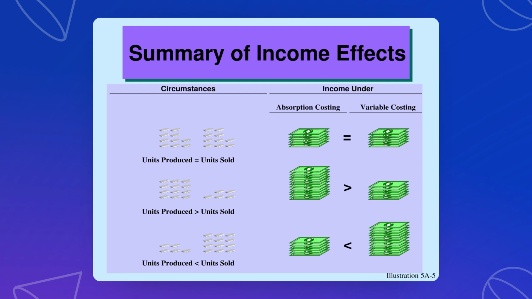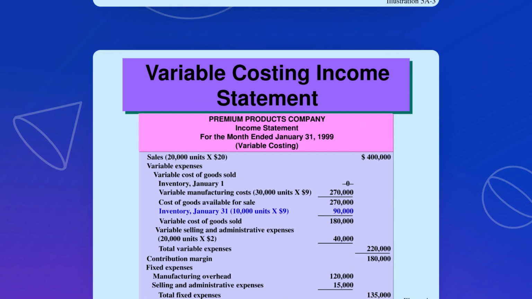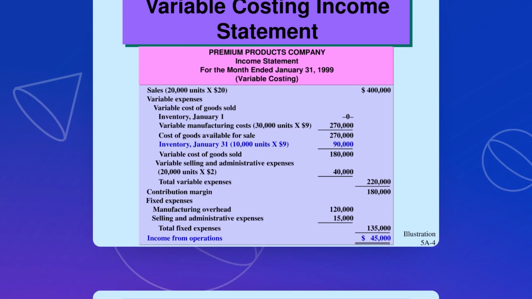If the unit produced is more than your unit sold, the income under absorption costing is bigger or greater than the variable costing. Diba, a while ago, class, how much would be your unit produced? Diba, 30,000. How much is the unit sold? 20,000. So, meaning to say, mas malaki dapat ang income ng ating absorption costing. Tama ba? Absorption costing is you have a 85,000, while in the variable costing naman is you have a 45,000. Tama tayo, class, na? Yes.